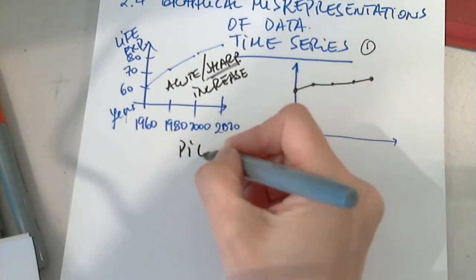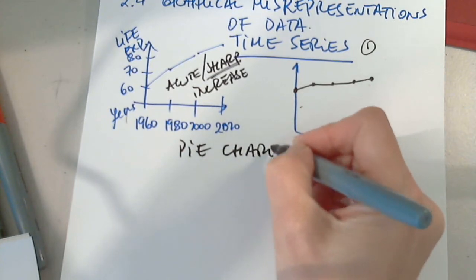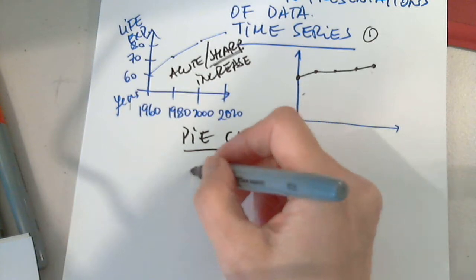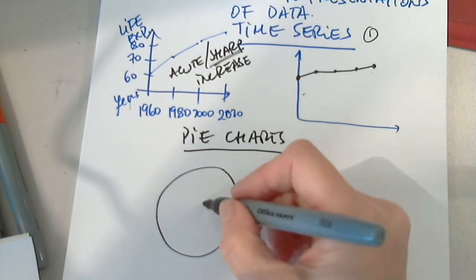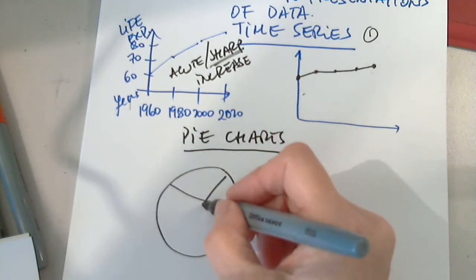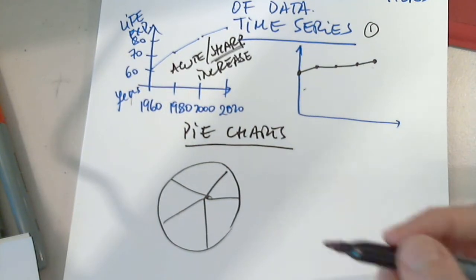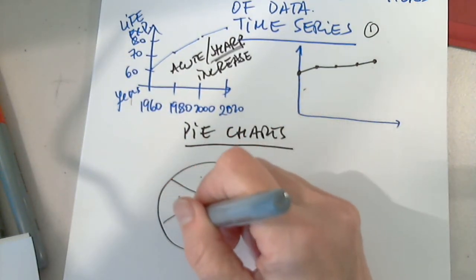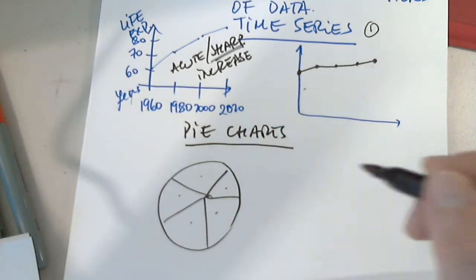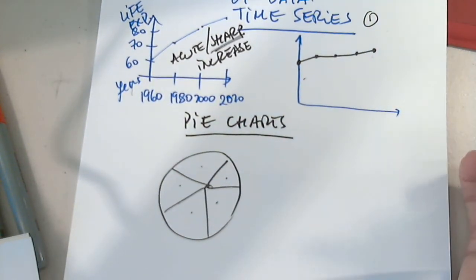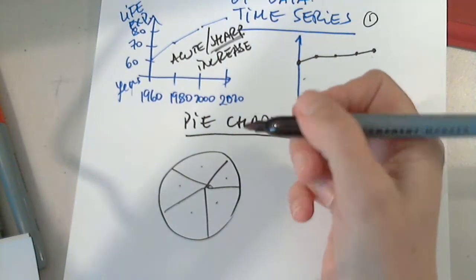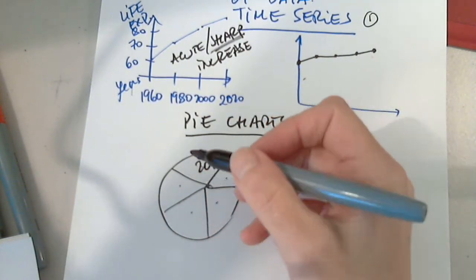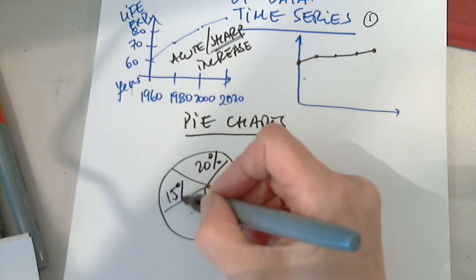Misleading pie chart. I can manipulate the data and show something like this, and not correctly determine the angles as we did in class last week with percentages. So I would say this is 20%, and then I will write here that this is 15%.